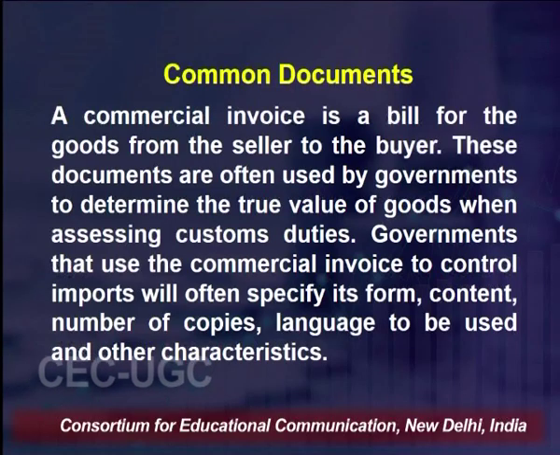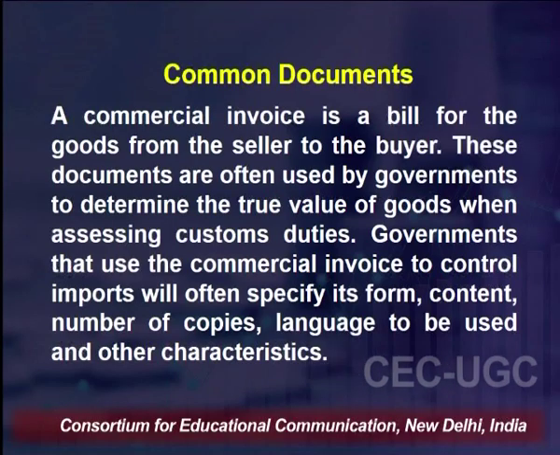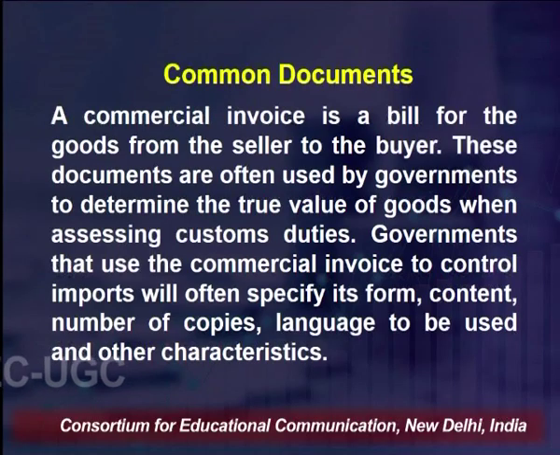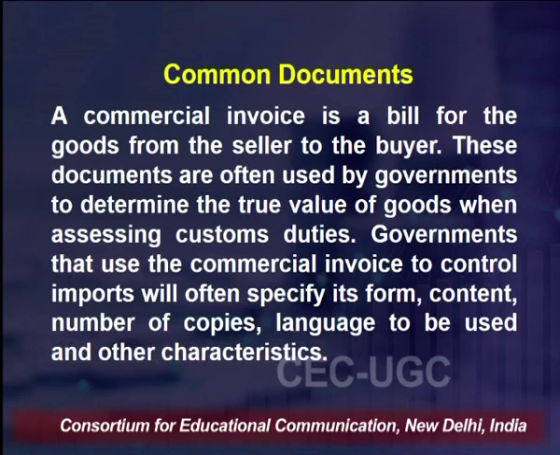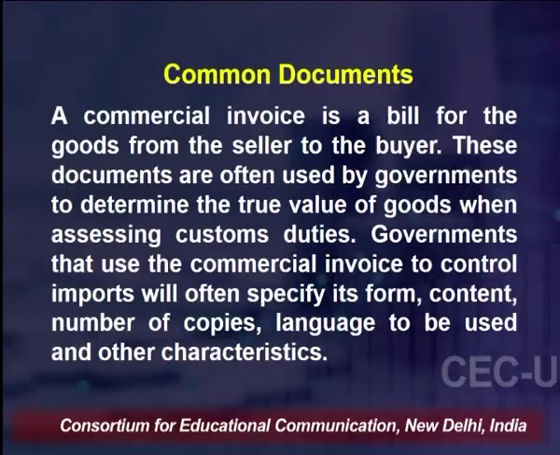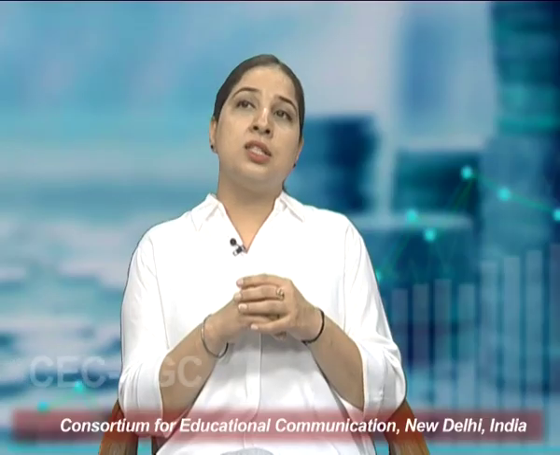And further, this commercial invoice will also help the government have control over the imports, because it will specify which form, which number of copies, and what language is to be used, because this is the document which will be used globally, since it will be sent to your importer.